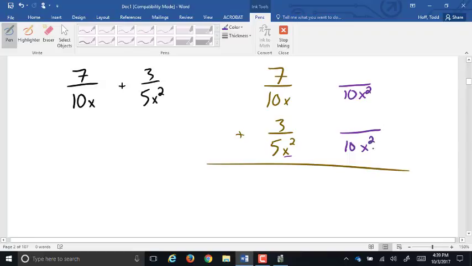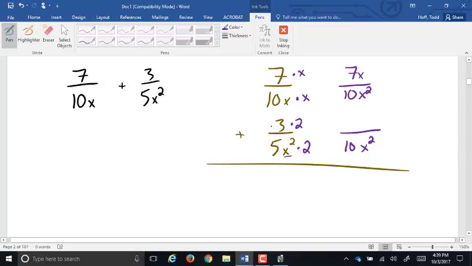So 10x squared is my least common denominator. Now here I have 10x, and I want to turn it into a 10x squared. What do I have to multiply by? X. 10x times x makes 10x squared. So the 7 must also be multiplied by x. That makes 7x. 5x squared, what do we have to multiply it by to turn it into a 10x squared? 2. 5x squared times 2 is 10x squared.